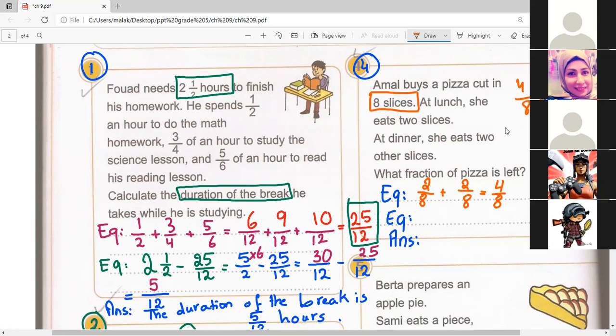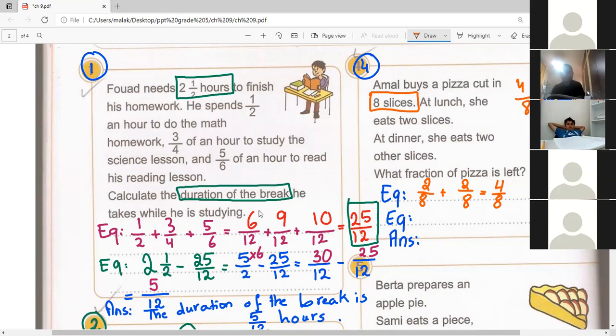Now we will find how many pieces are left. So what shall I do? She ate 4 out of 8 from the whole pizza. So how do we write it as an equation in order to know how many pieces are left? Mariam, unmute please.